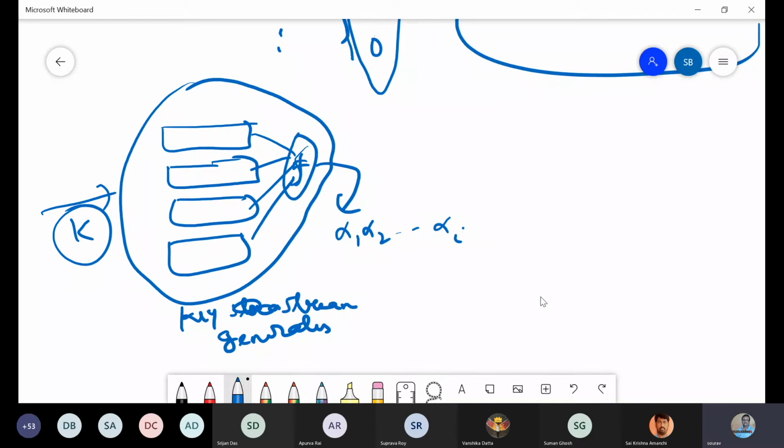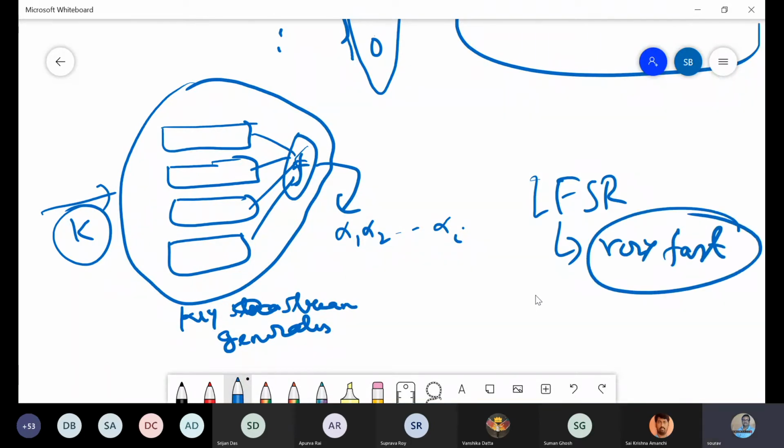Before we move to the general structure of a stream cipher. The LFSR is very nice because the advantage of LFSR is that it is very fast. Why do we use LFSR? Why is it fast, fast in what sense? Both in hardware and software. If we have a chip, we just need a connection of that XOR bit.